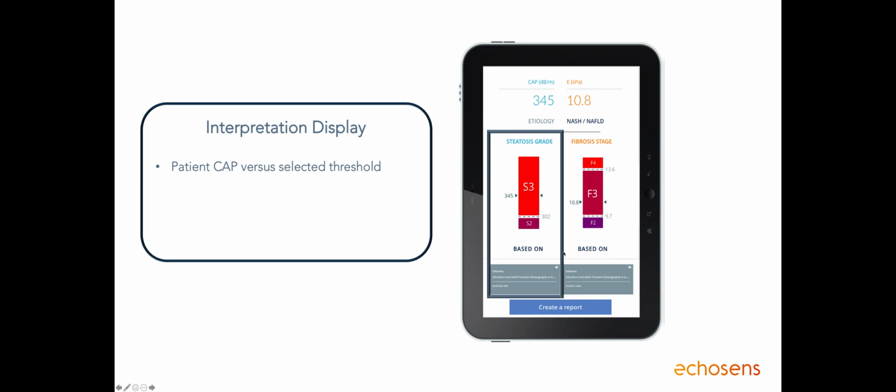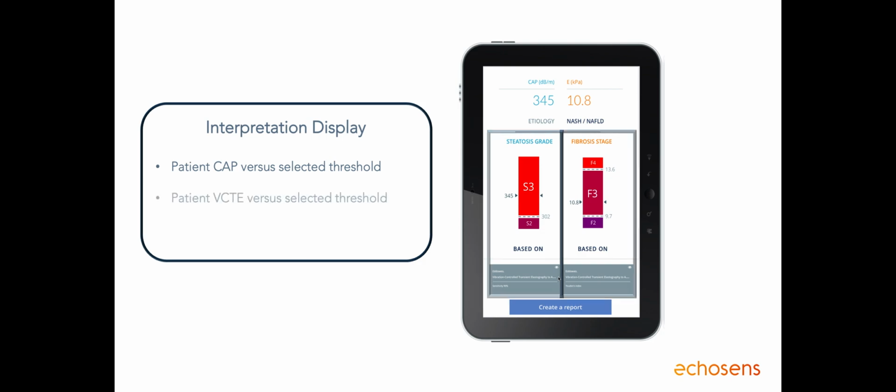Notice on the left-hand side, we have for a CAP score of 345, and based on the selection of the publication that's shown at the bottom, which in this case is Eddowes et al. Sensitivity priority, I'll explain that in a moment, this would be an S3 level steatosis grade.